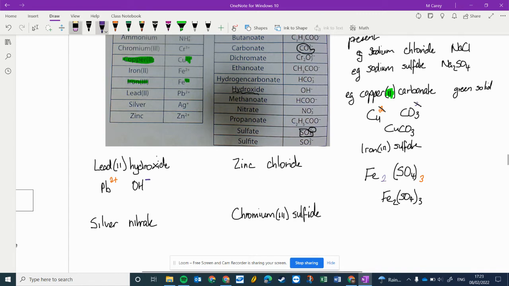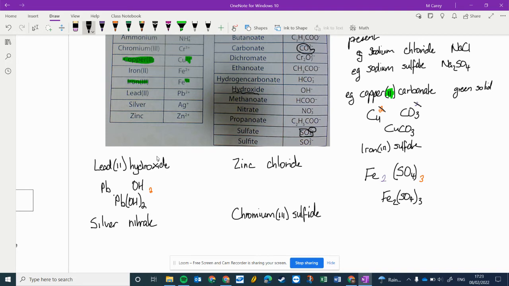Then we lose the charge, drop and swap. Only one hydroxide, sorry, 2 hydroxides, 1 lead. We'll need brackets, and it ends up as Pb(OH)2. That's lead 2 hydroxide.